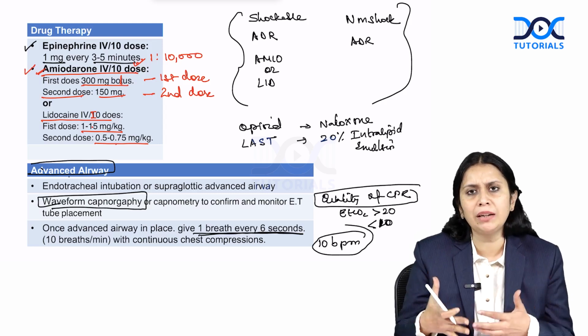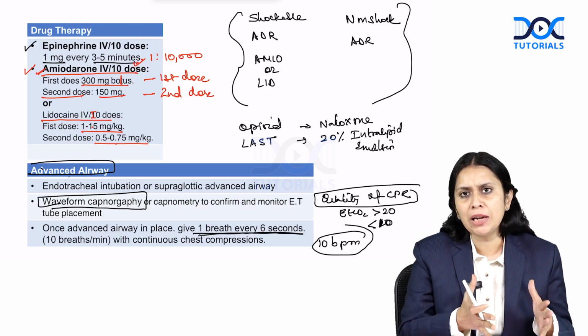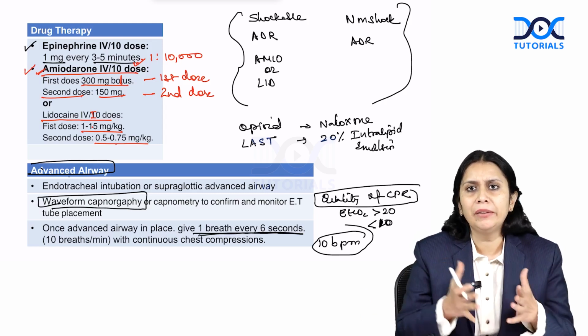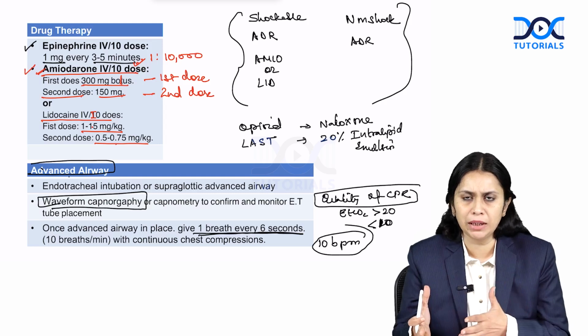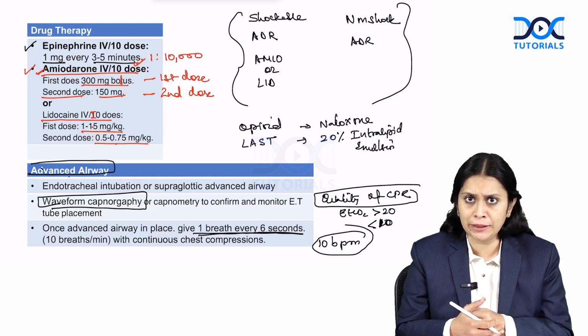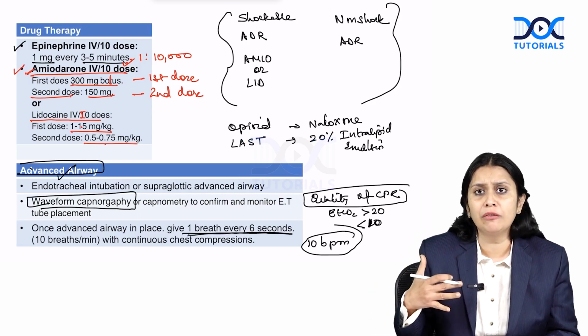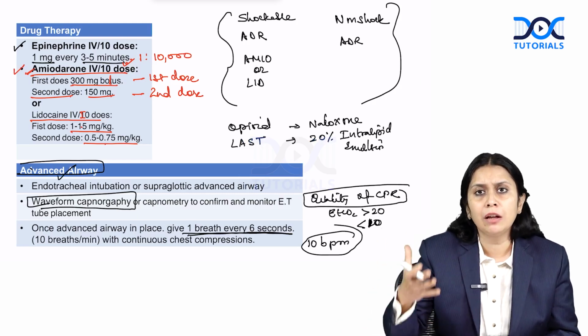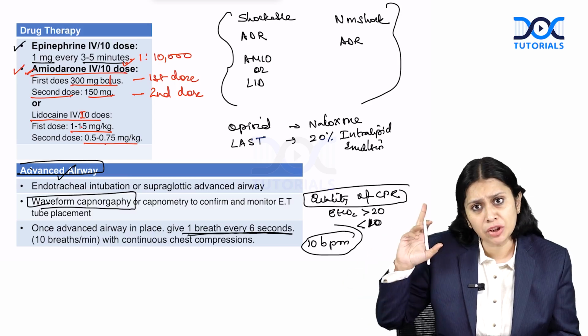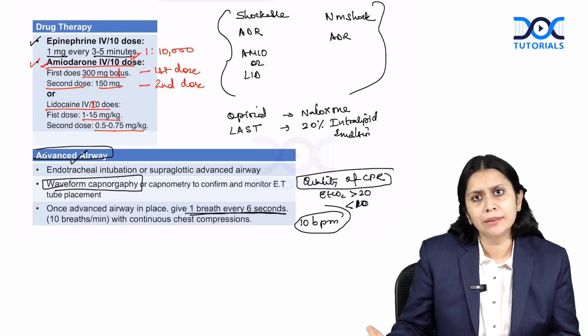Now both can be done independent of one another. Compression at the rate of 100 to 120 per minute, ventilation at the rate of 10 breaths per minute. So we don't need to stop compression anytime. So that's why the benefit is that we should secure advanced airway if we are comfortable that we can secure the advanced airway without disturbing the compression. Compression is the most important thing during resuscitation.